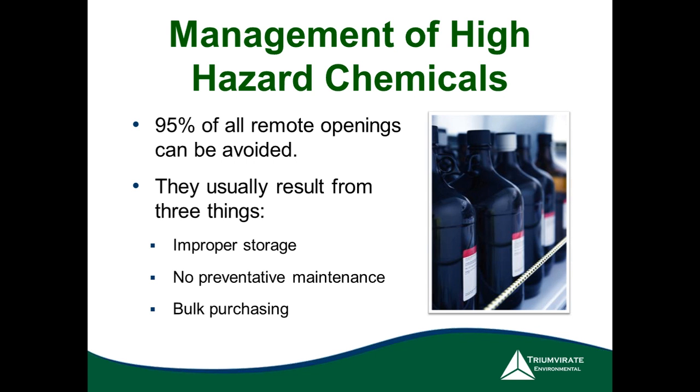The biggest things we see as we go through evaluations are improper storage, no preventative maintenance, and bulk purchasing, the 2-for-1 deals, with material that takes years and years to use and just ends up sitting around. Those are typically the times when the material will be discovered, and then we'll be called in to take care of it.